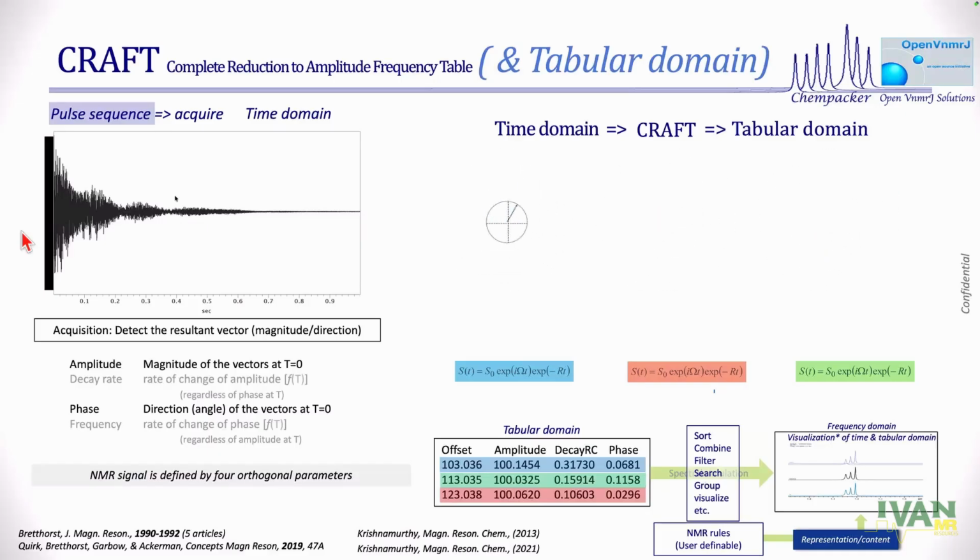That's all we are trained on, using NMR rules. Can we apply that NMR rule to convert that tabular domain into various representations?